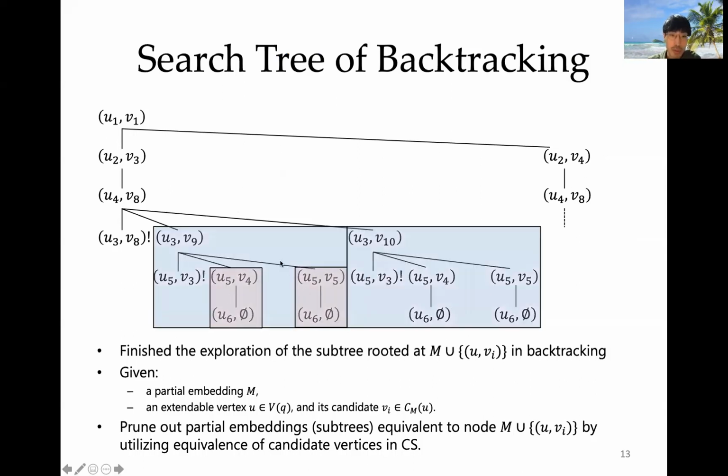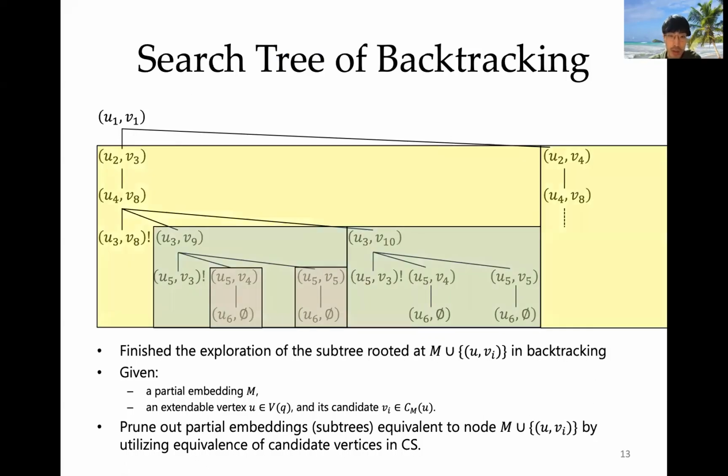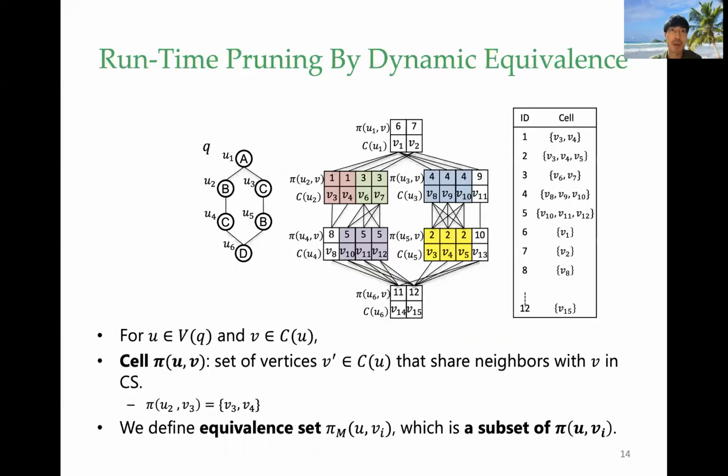These two purple boxes are equivalent, and these two blue subtrees are equivalent in terms of failing in a similar way, and so on. So the key idea of this pruning technique is detecting these equivalent subtrees and pruning them out.